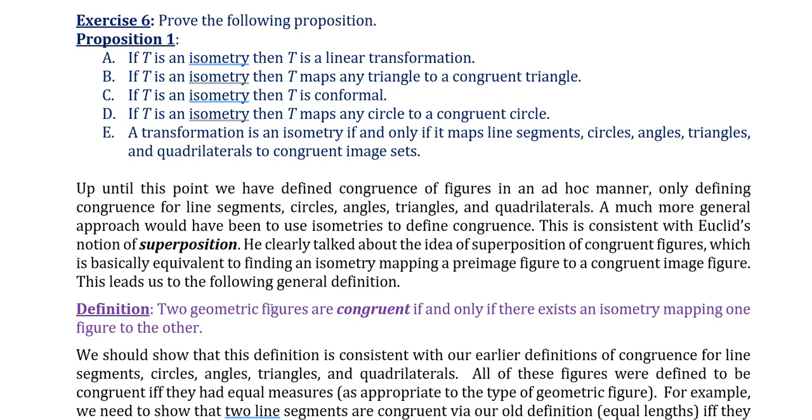And so in that sense, we can see that this is going to be okay, at least in terms of those figures, and then it just opens up the idea of congruence to talk about any kind of figure. So we really have this idea that two figures are congruent if they have the same size and shape, if somehow we can essentially cut one out and put it on top of the other one and make them match up.